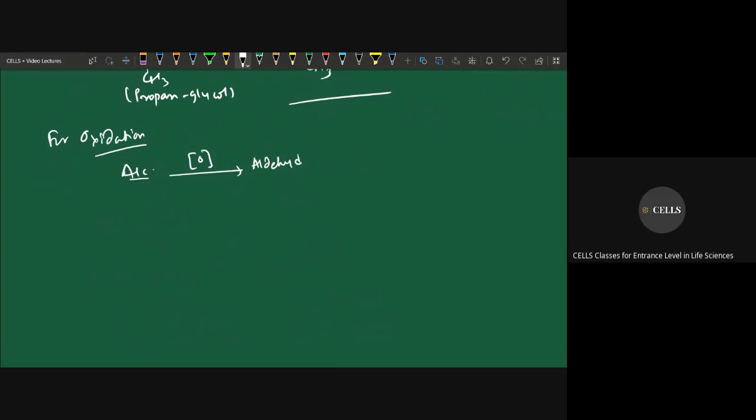This is a primary alcohol, so it will give you aldehyde. If you oxidize again, it will give you an acid. For a secondary alcohol, if you oxidize, you will get a ketone. You also get an acid.